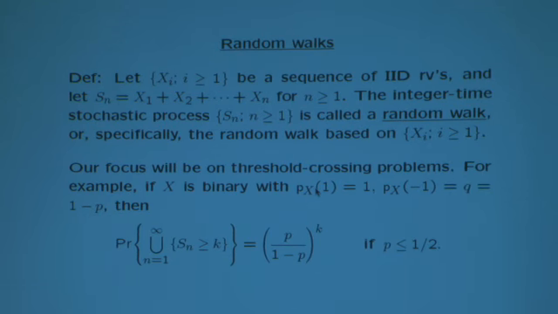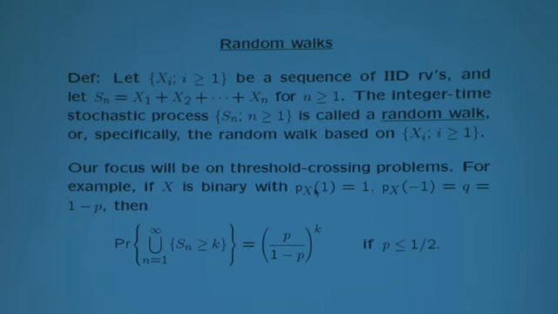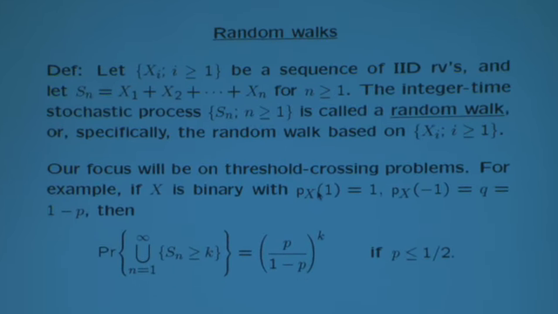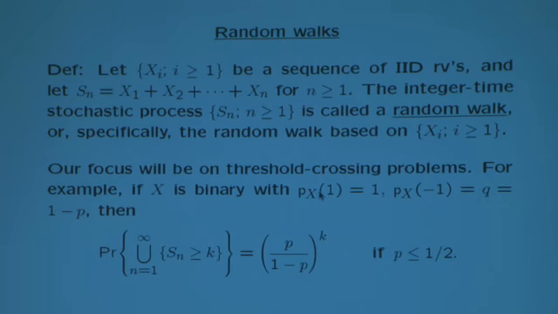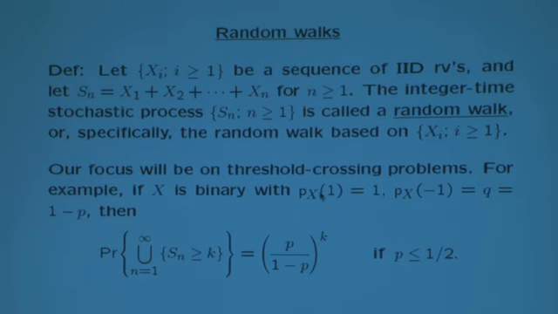So our focus here is going to be on threshold crossing problems, namely what's the probability that this random walk is going to cross some threshold by or at some particular value of n. If you have 2 thresholds, one above and one below, what's the probability that it's going to cross the one above? What's the probability it's going to cross the one below?